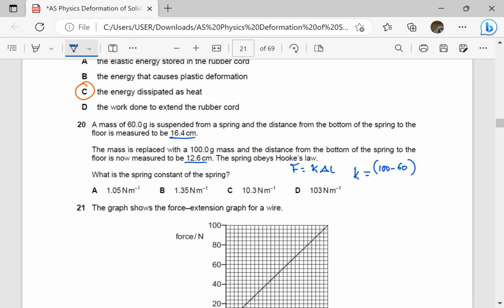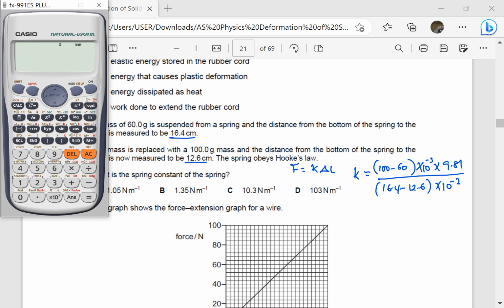I'll first change it to kilograms, that is times 10 power negative 3. Then I change the mass to weight, times 9.81. This is divided by change in L, which is 16.4 minus 12.6. Then I'll multiply this by 10 power negative 2 to change it to meters.